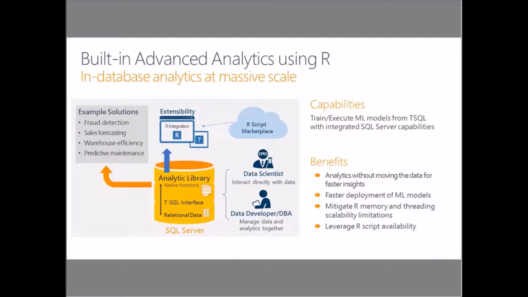So we can perform some advanced analytics using this language. It's a procedural language, and things like fraud detection, sales forecasting, warehouse efficiency, predictive maintenance, all of these things can be derived by using R. So for example, if I'm using my payment card at a certain location, and then 15 minutes later it's being used at another location, and there's no way I can be in that other location in 15 minutes because by geography, there's way too much distance between these two things, fraud detection will kick in.